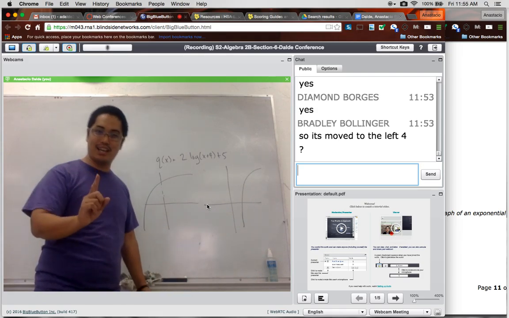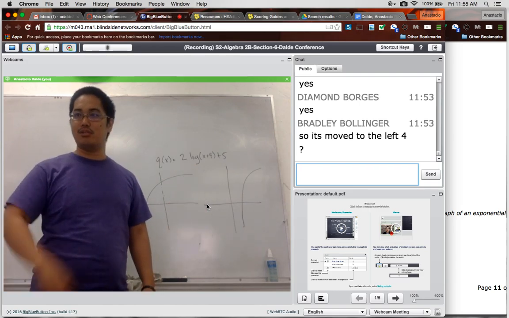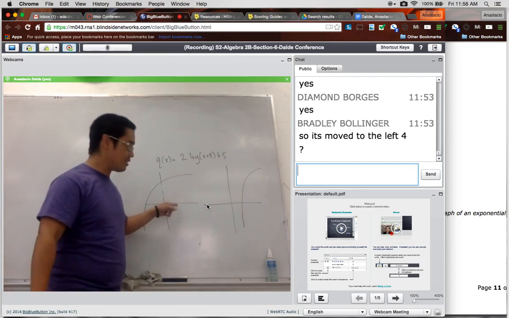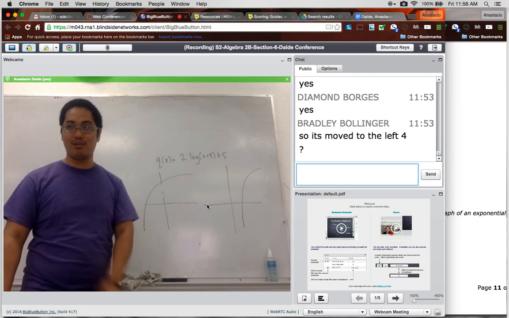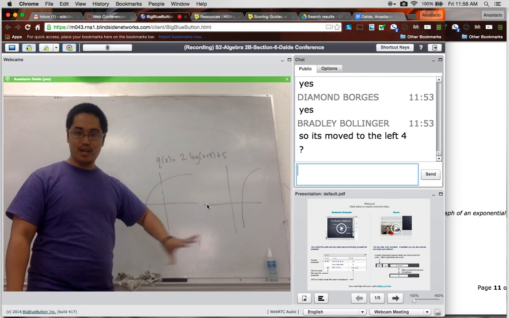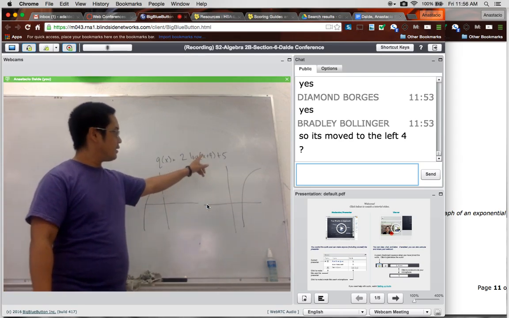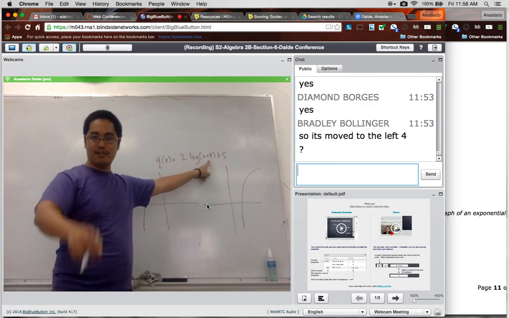Well, I can definitely say, first, that of the 4 options, 2 of them were exponential. I'm going to cross those out. These are the 2 that are left. Those must be the logarithmics. Okay? The way you tell the difference between the 2 is this thing right here, and I think Bradley figured it out.